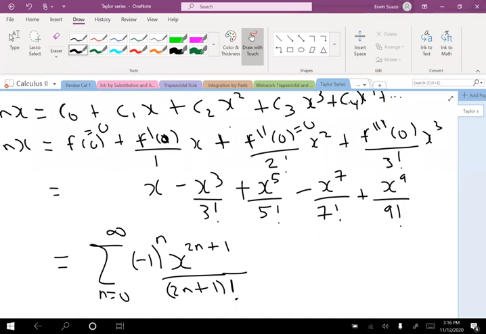So minus 1. Let me see. Maybe the best thing we can do is look at this. It goes with n. The next one will be 1.